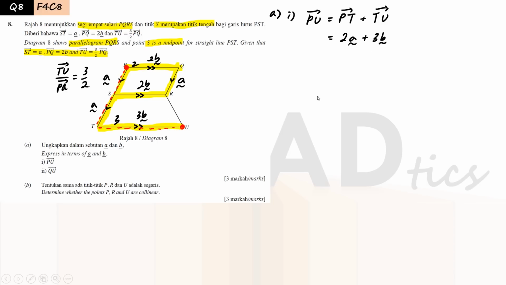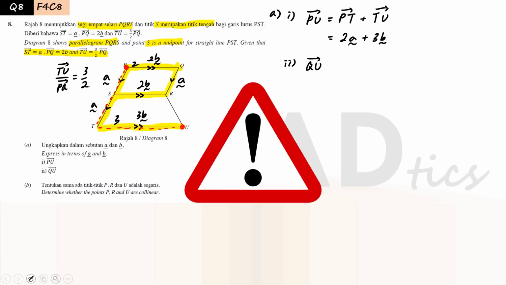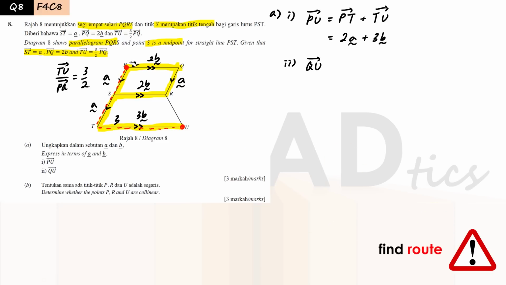And for QU, so now we are going from Q, which is here. So now we are going to pass through P, and then we are going to the same route as part A1. So for the route here, I'm going to put QP. And since in part 1 we already found the vector of PU, I'm going to use back the vector in part 1.